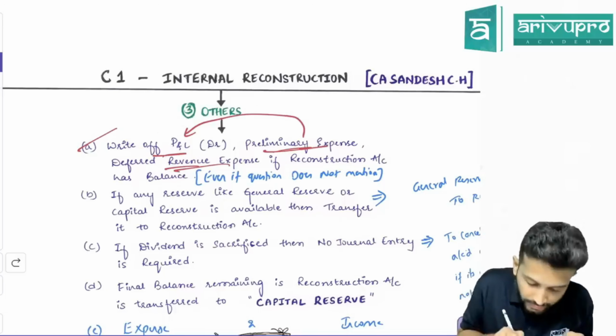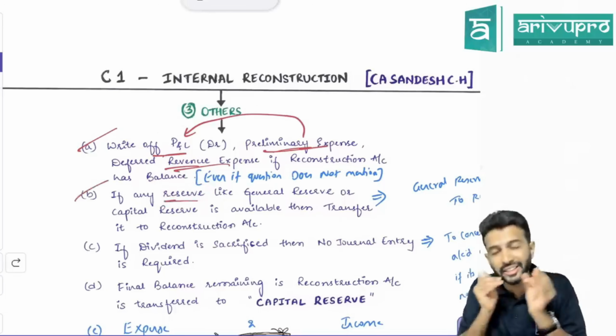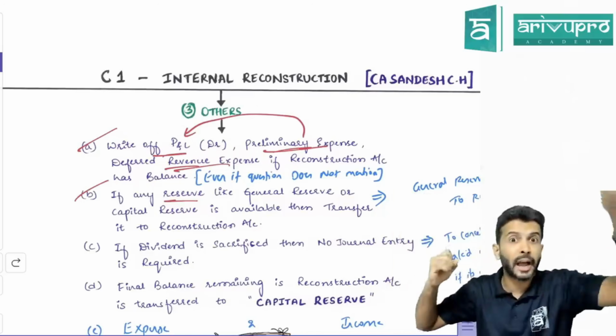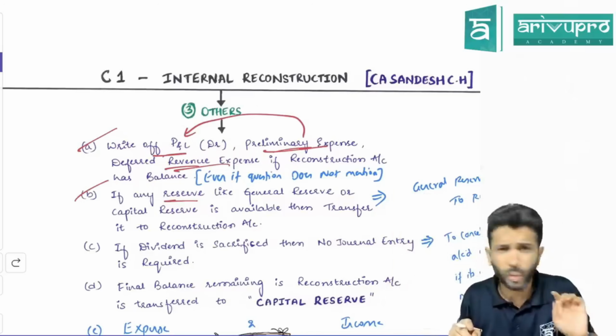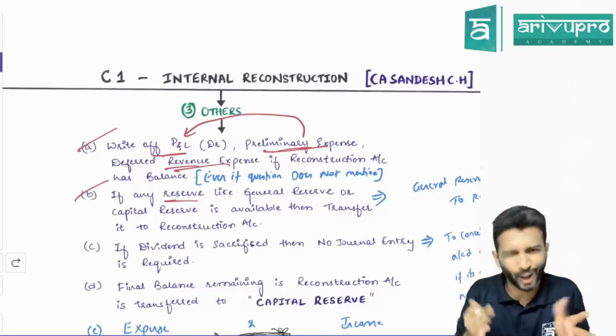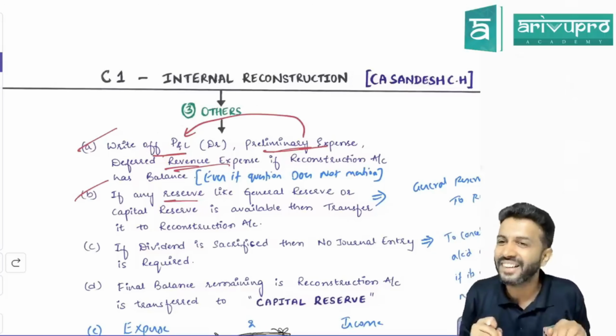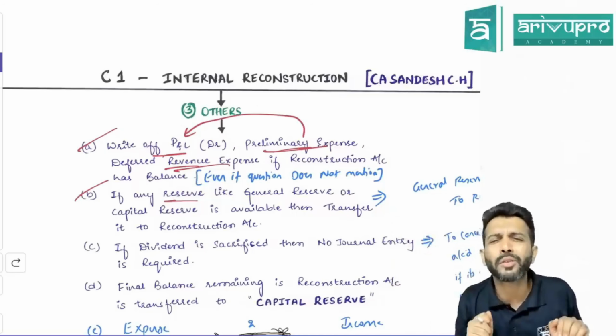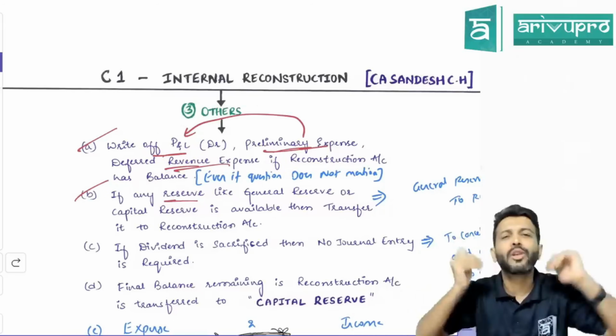Yes, sir. Rare scenario, but if at all in this chapter they give you that the company already has some reserve, general reserve, capital reserve and all, it's quite stupid in my view, because sir, it's a loss making company. Loss making companies will have reserves? Reserves will be created from profits. Is this company making profits or full loss? Full loss.